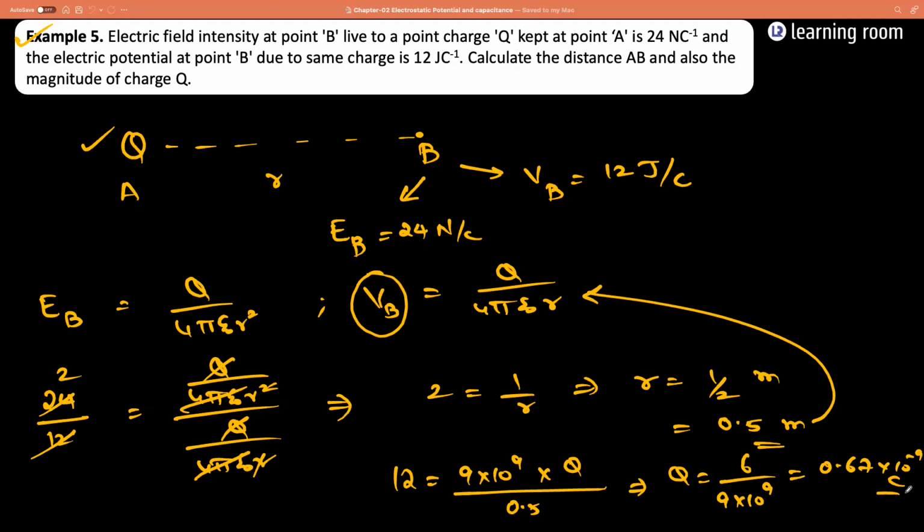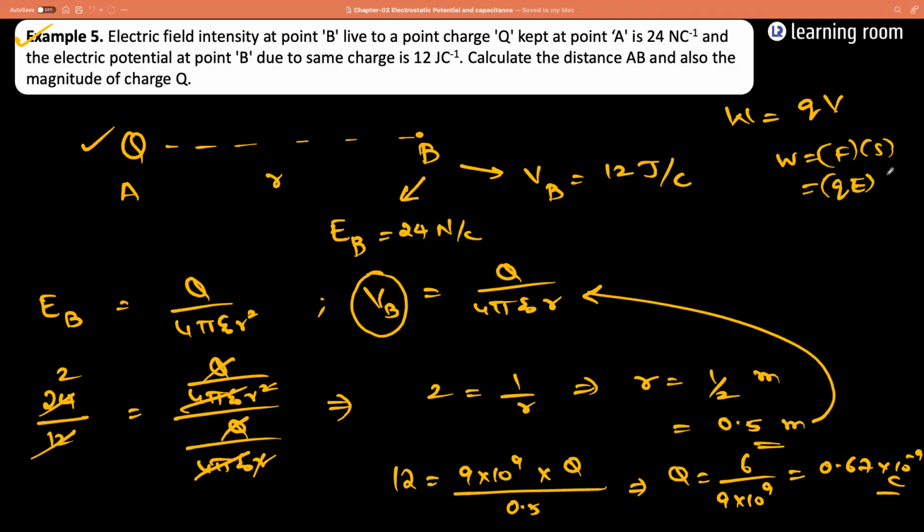Sir, work done is Q into V, right? So if you substitute work done as force into displacement, and force we can substitute as Q into E. That depends on the problem. See, it's not only about the formula, it depends on what physics is there behind that problem. So you're saying work done is equal to force into displacement.